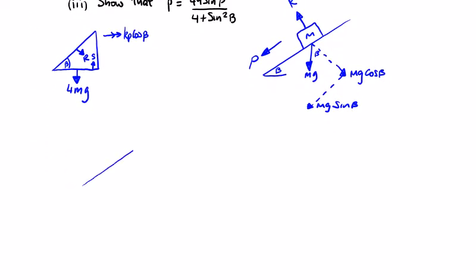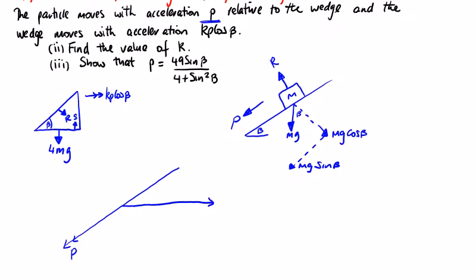So if I take the particle, there's p coming down this way, but the wedge is moving this way. What was it? Kp cos beta. So we have a beta in here, a beta in here, and this one here is my right angle. I will need the acceleration going against mg cos beta.